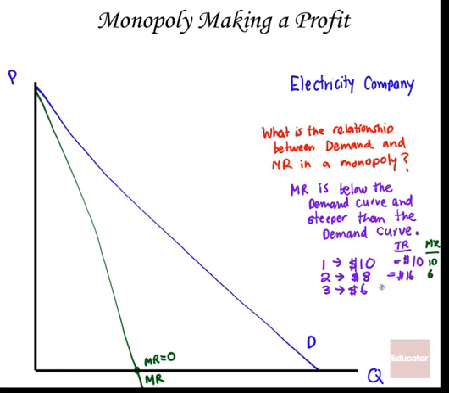So 3 times 6 is now equal to 18, and your marginal revenue now equals 2. If you continue this trend, you can see the relationship between the demand curve and the marginal revenue curve, until at a certain point the marginal revenue might actually be negative. So that's an in-depth look at the demand curve and the marginal revenue curve.